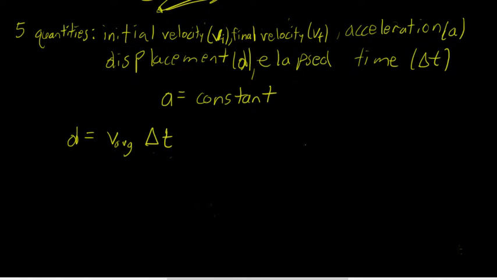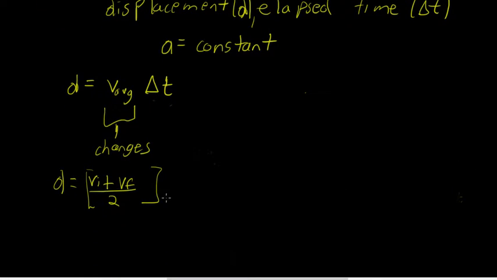Then in the situation where acceleration is constant, the average velocity is equal to the initial velocity plus the final velocity over 2. So this is the average velocity, and you're again multiplying by the elapsed time.